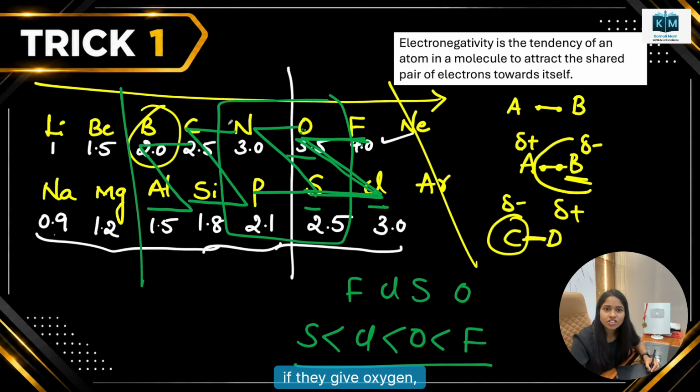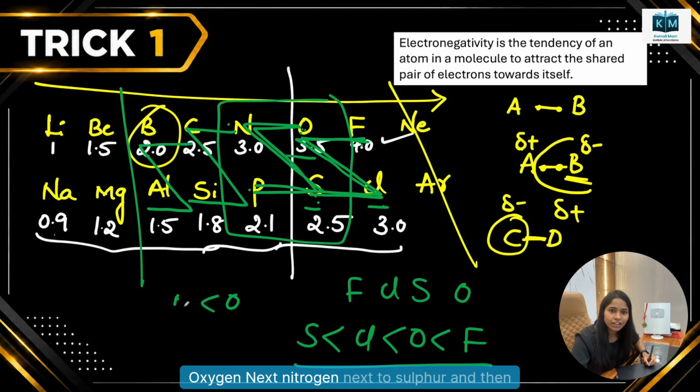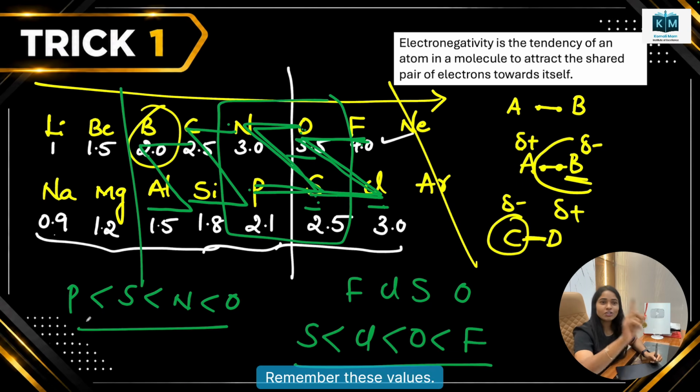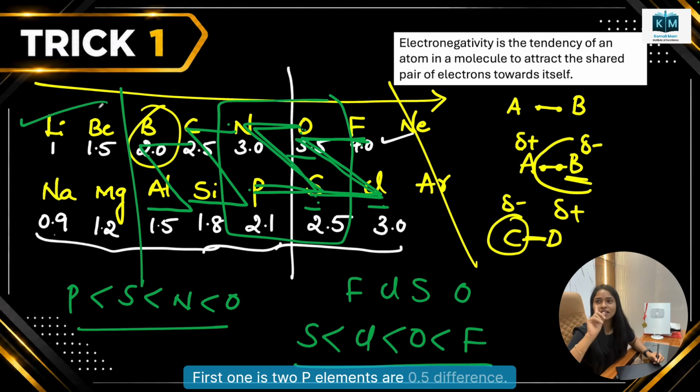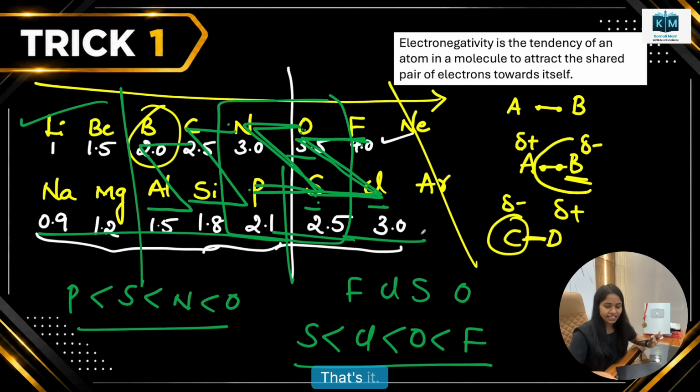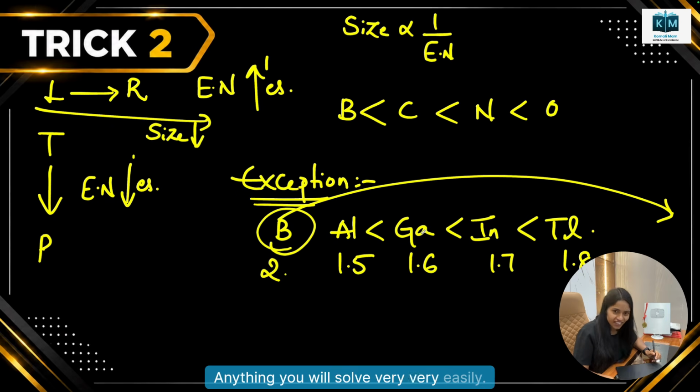Next, if they give oxygen, nitrogen, sulfur, phosphorus, use the inverted Z: oxygen, nitrogen, sulfur, and then phosphorus. Easy. Remember these values: second period elements have 0.5 difference. Third period elements have 0.3 difference up to phosphorus, then 0.4 difference, then 0.5 difference. That's it. Anything you will solve very easily.